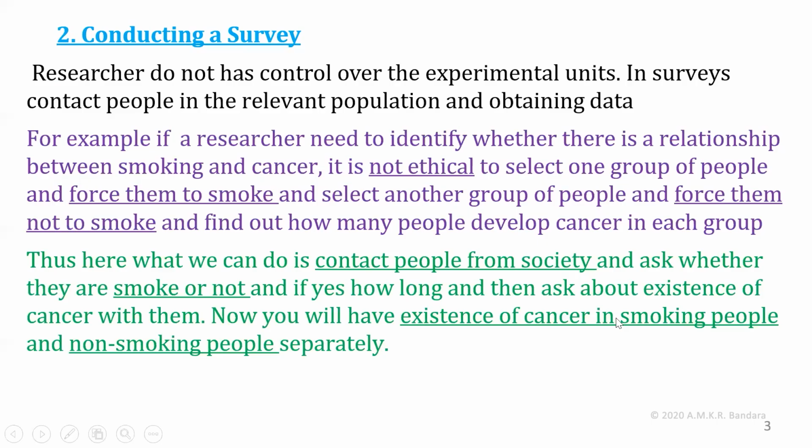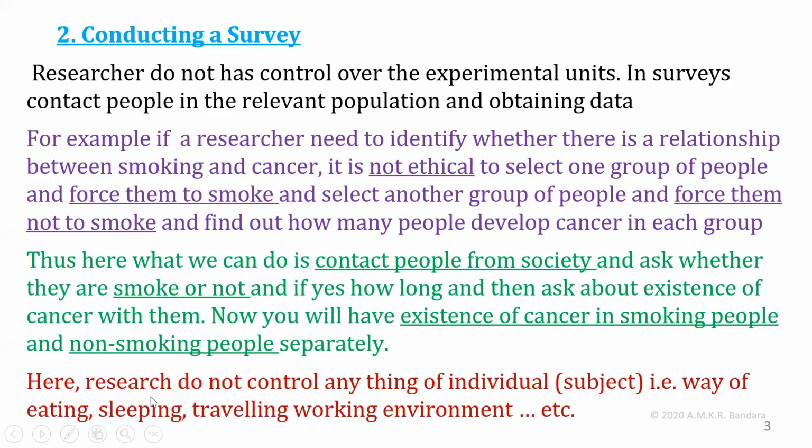What he can do is observe what has happened in the society, what exists in the society, and collect the data. Then, using that data, he can draw a conclusion about his research question.